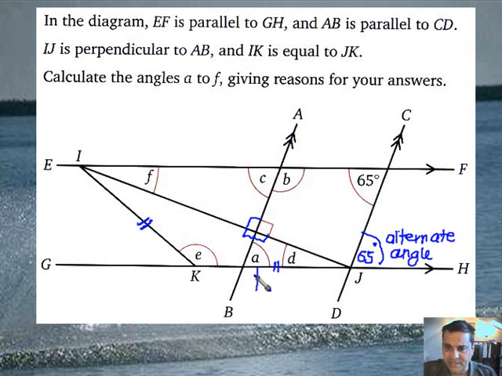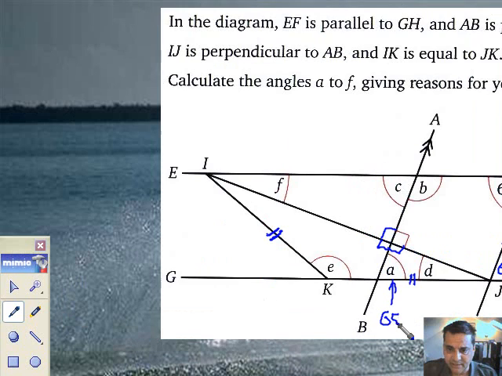And also A will be 65 because it's corresponding to the angle shown there. So I've got my blue angle 65 degrees, completely corresponding to the angle A there. So A is 65 degrees. I could even say opposite angles in a, this is going to be a parallelogram, isn't it? So this and this makes a parallelogram.